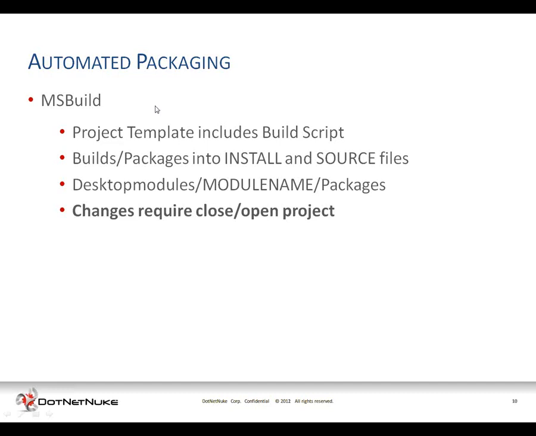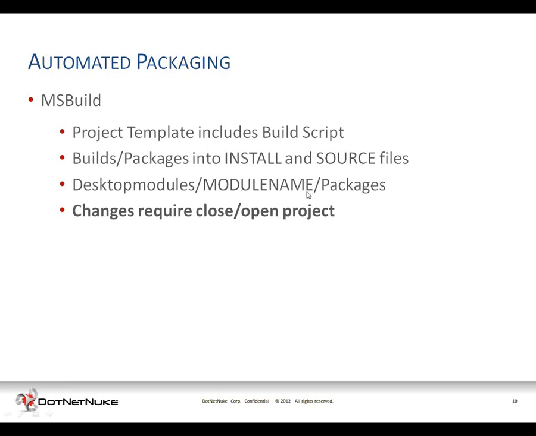It will not include the code behind. It will not include the project or the solution file. The source package would include all that information. So the scripts are going to package that for us automatically, and once we package it, we'll find that it exists within desktop modules, in our case, DNN explained, and then there will be a folder called packages.